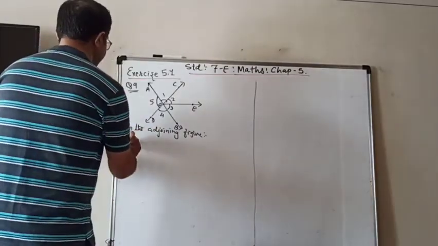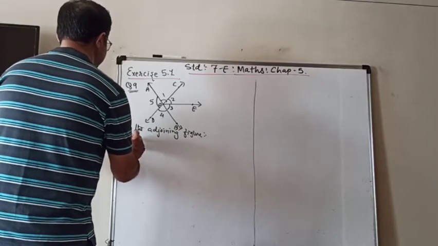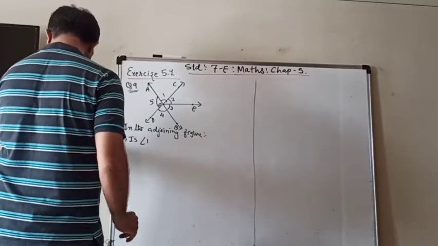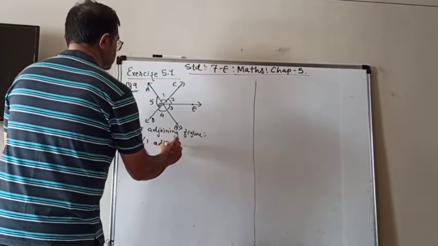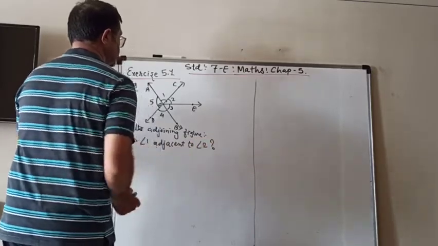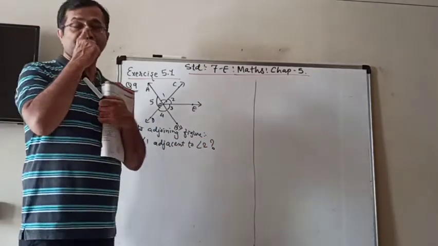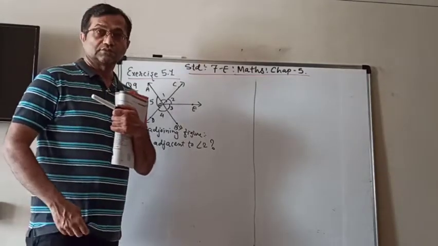First one: is angle 1 adjacent to angle 2? Now we know that for being adjacent angles, we should have three conditions.